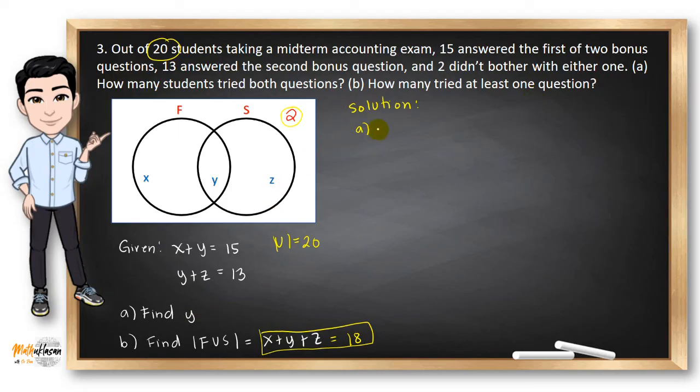For letter A, we need to find the value of y. But the given here is just x plus y equals 15. So if we have x plus y plus z equals 18, yes, I'm using this second equation, and x plus y is 15. Replacing this x plus y with 15, it will be easier now for us to solve for z. So transposing 15 here, we'll have z equals 3.